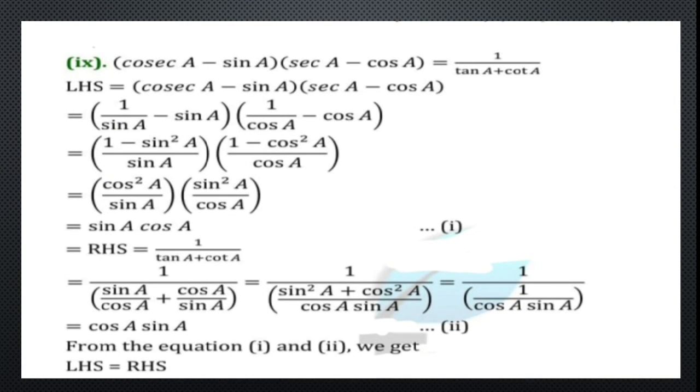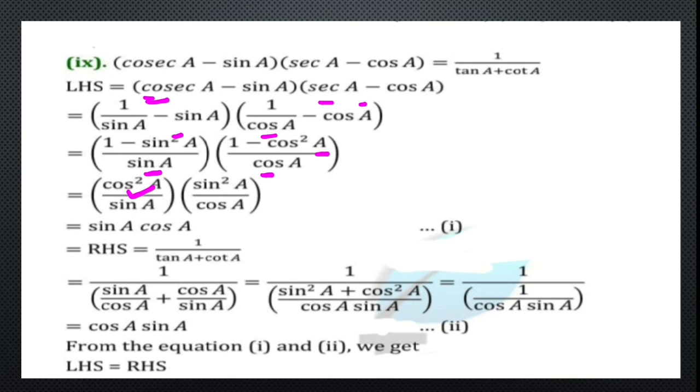Now question number 9. Write the LHS part. You have to prove that this is equal to 1 by tan a plus cot a. Cosec a can be written as 1 by sin a. Sec a can be written as 1 by cos a. Do the LCM and subtraction. 1 minus sin square a is equal to cos square a by the first identity.